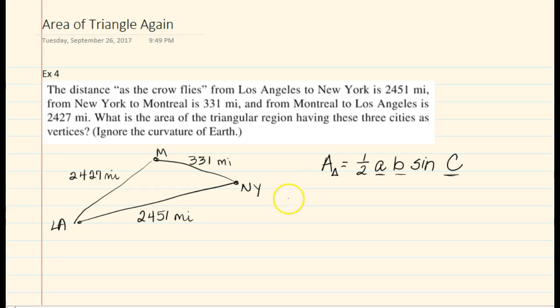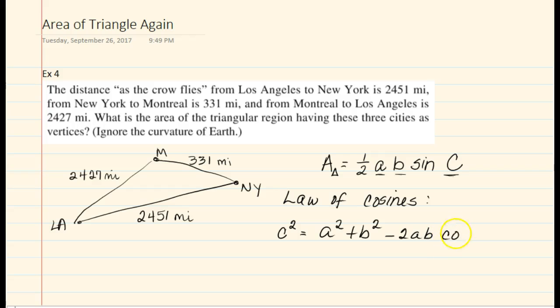So I'm going to use the law of cosines that says c squared is equal to a squared plus b squared minus 2ab cosine of c. Just to remind yourself, whatever angle we put down here has to correspond to the side that we have over here at the other end of our equation.